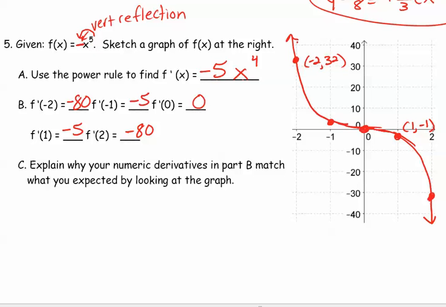Now let's look and see if that matches our graph. So this is probably the easy one. At 0, does it look like we have a horizontal tangent? If I can get that to stay on my graph, we'll try cheating a little bit here. So it looks like our graph has a horizontal tangent.